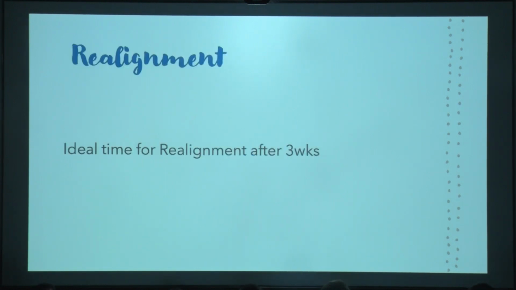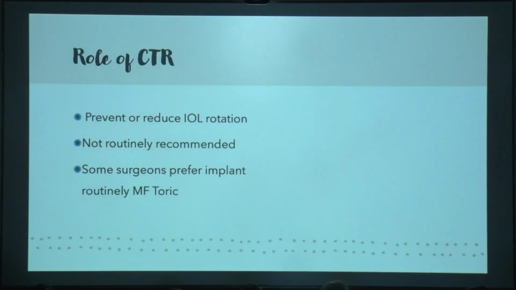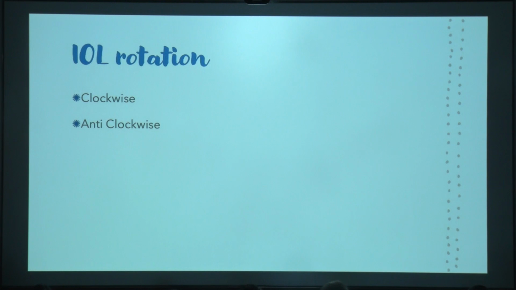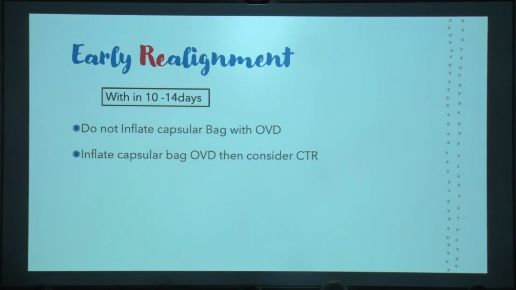So for IOL realignment, the ideal time is 3 weeks, because there will be some kind of fibrosis in the back. It will be very good if you are able to do it after 3 weeks. But if you want to do it early, and in most cases in the Indian scenario we have to do it early, at 10 to 12 or 14 days, especially next week, then I generally prefer to never inflate the bag with OVD.